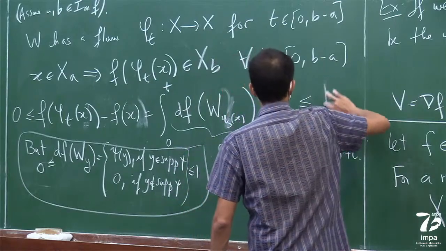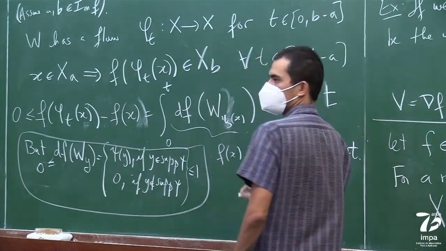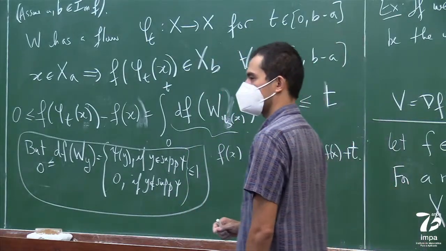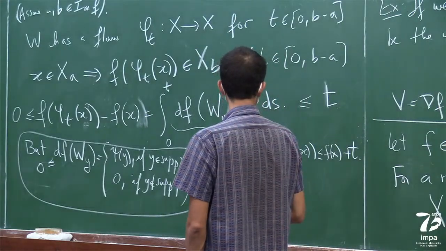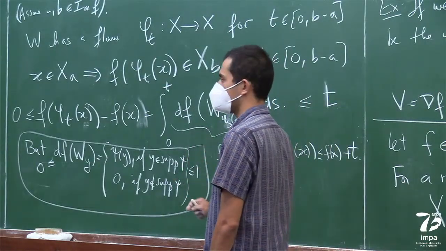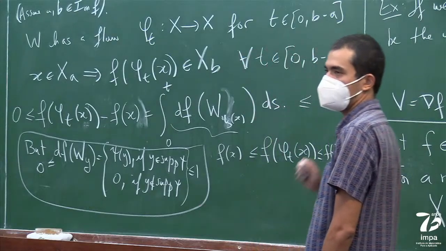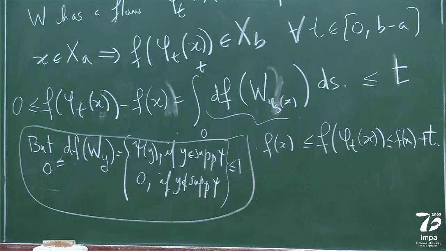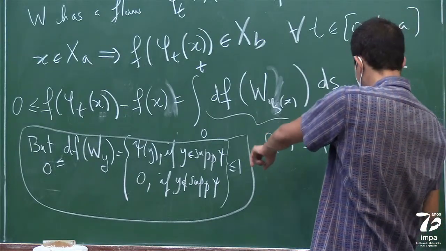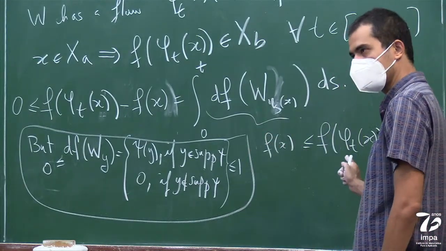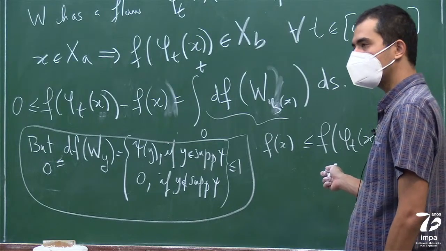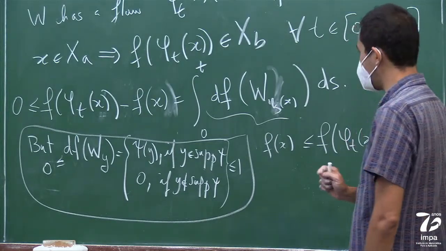Sorry, less than or equal to t. Thank you, t. Because this is less than or equal to 1, so the integral is less than or equal to t. So that means I can keep integrating this, and the only way to get out of the manifold is if I get out of the range.